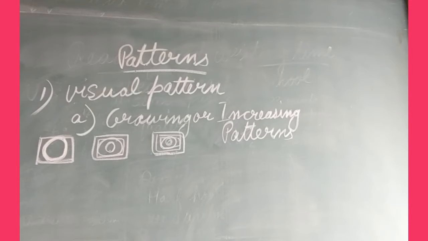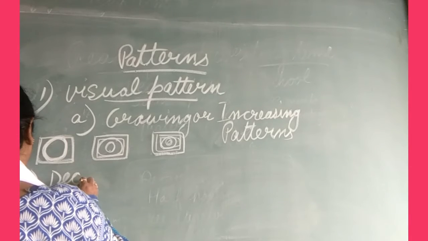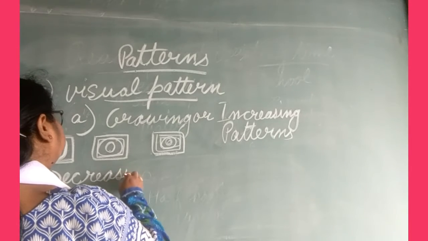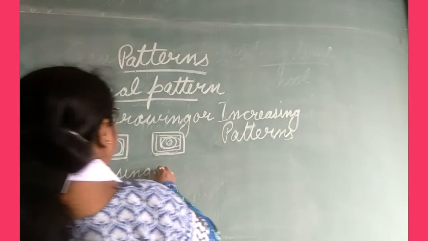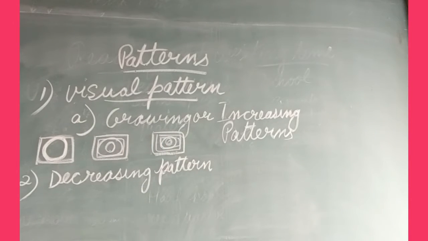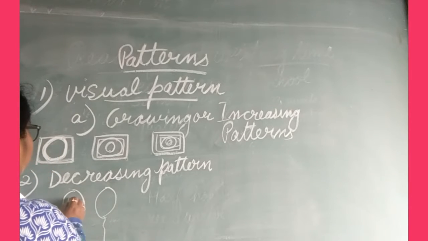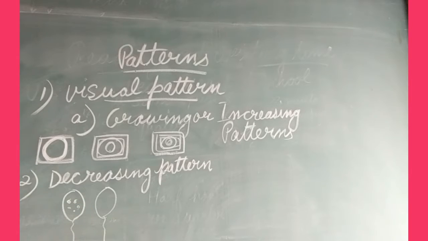Number 2 is the decreasing pattern. In the decreasing pattern, suppose one balloon has 5 balls. The second balloon will have 4 balls.